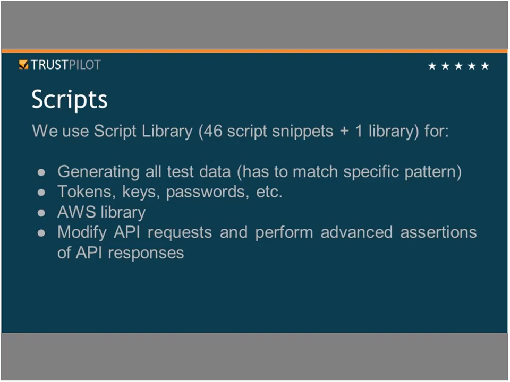We also store keys, passwords, tokens, and things like that, which are used in many tests, so that whenever anything changes, we have to change it only in one place in the script library. And we use an AWS library to sign AWS API requests. It's very convenient for us and scalable.